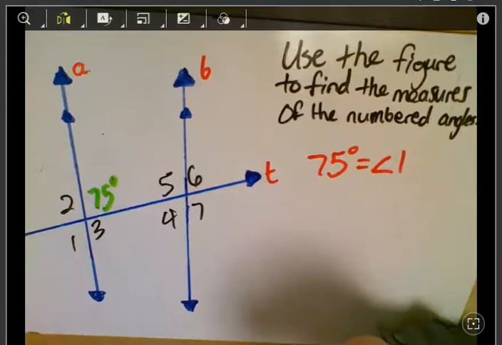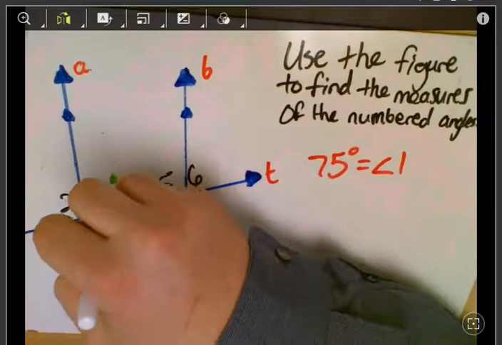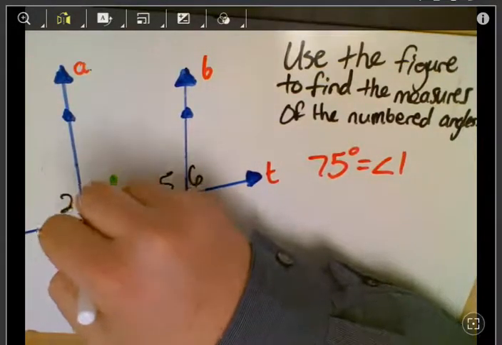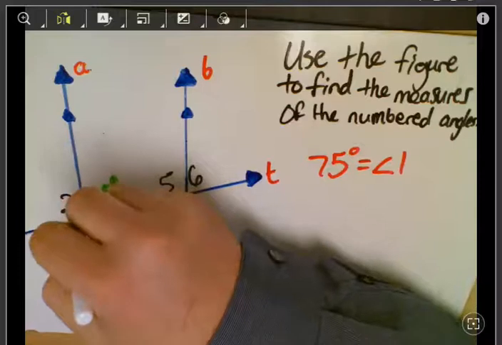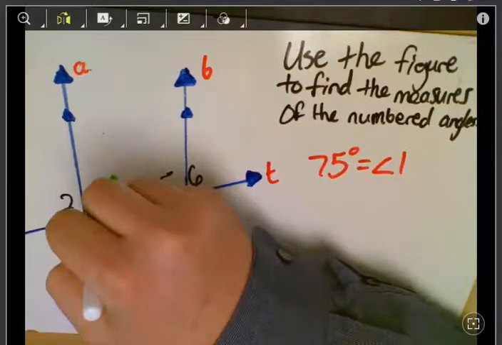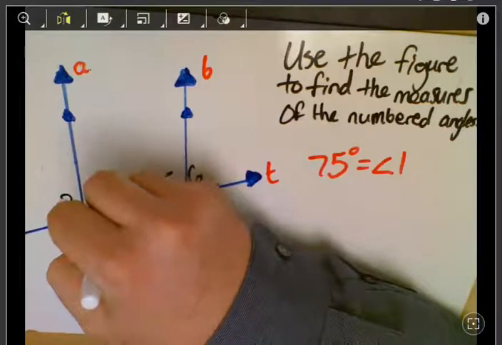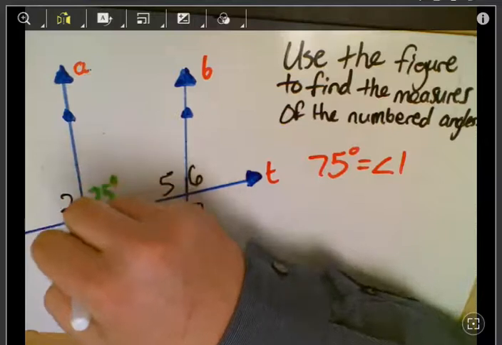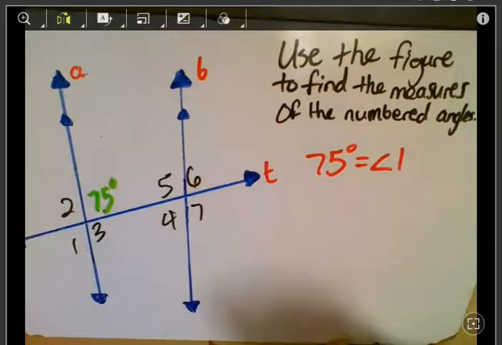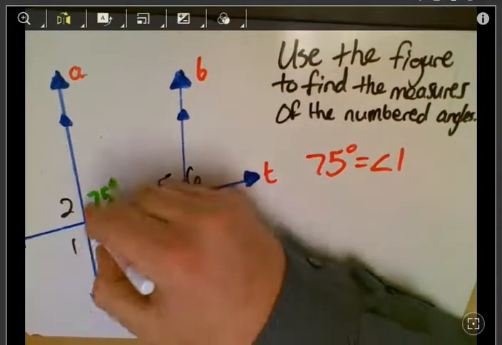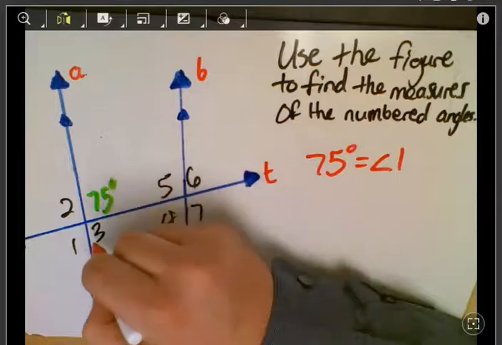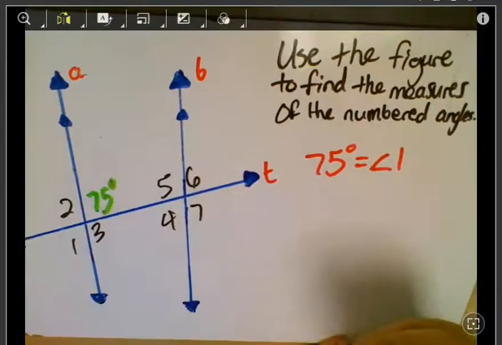After that, we know that we have two supplementary angles here. Angle 2 is supplementary with 75 degrees, meaning that they add up to 180 degrees because this is a straight line. And the same goes for the straight line here. 75 degrees plus angle 3 equals 180 degrees.